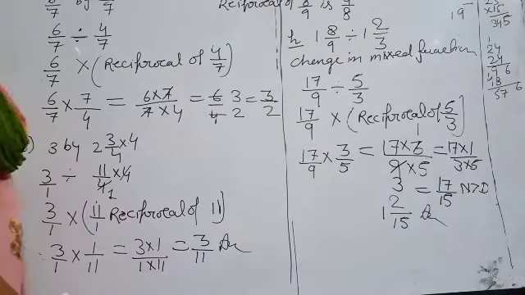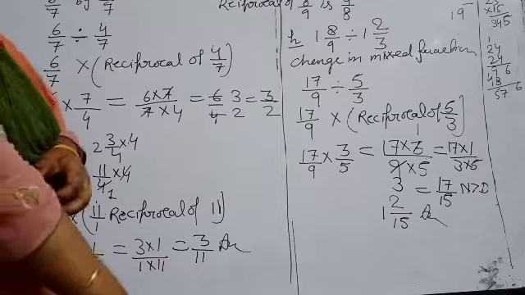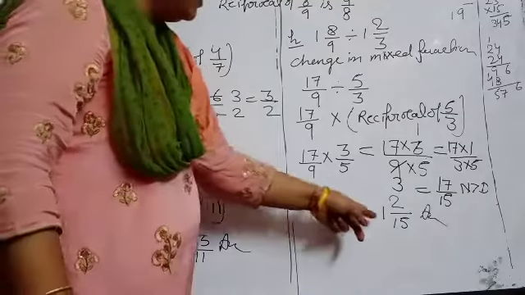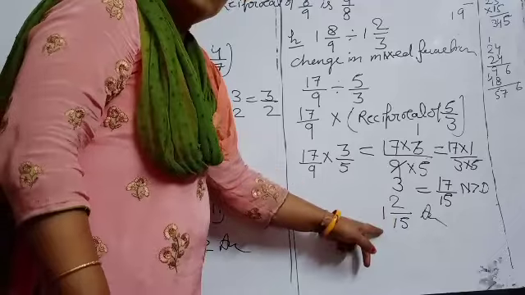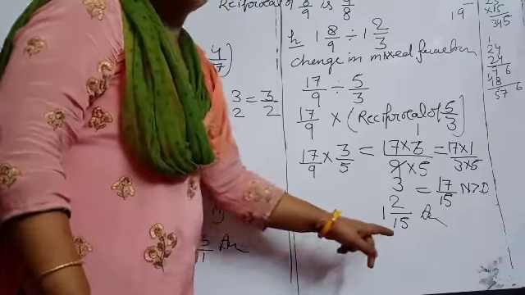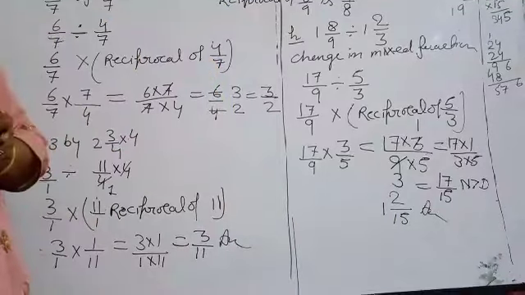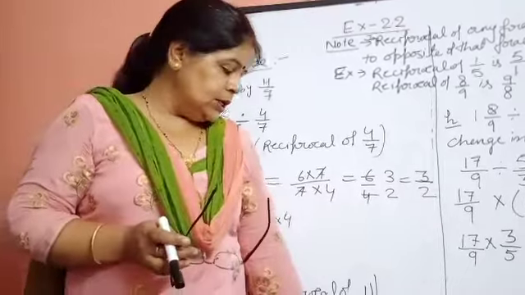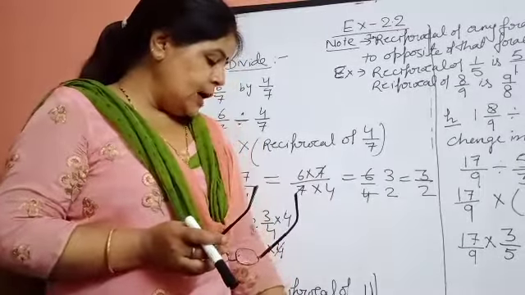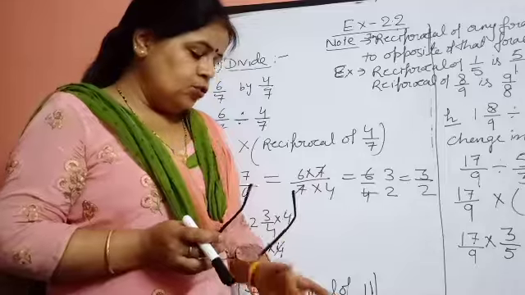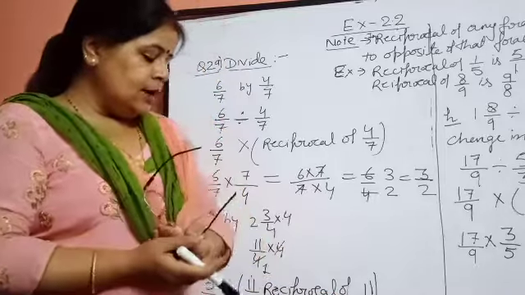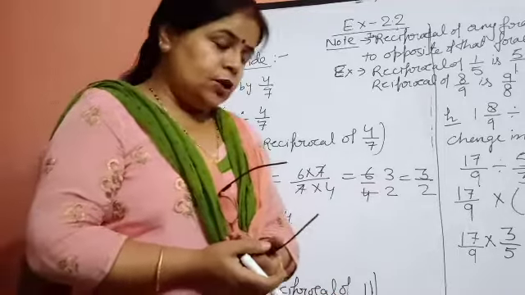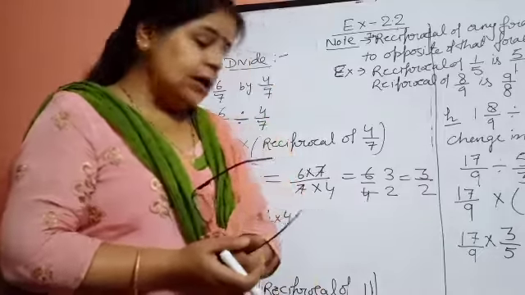Or otherwise you can do the division in a separate rough column, and then write it as I was writing previously, converting the mixed fraction into the improper fraction. Now the children will do the rest of the part of question number 1 and 2 yourself. Okay. Then in the next part of our video, we are proceeding to question number 3.